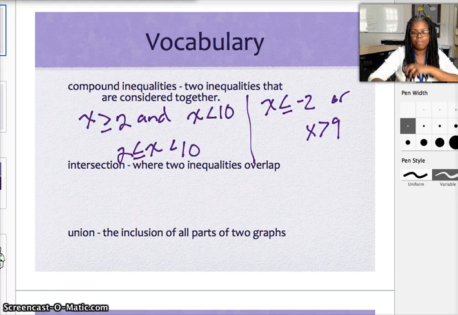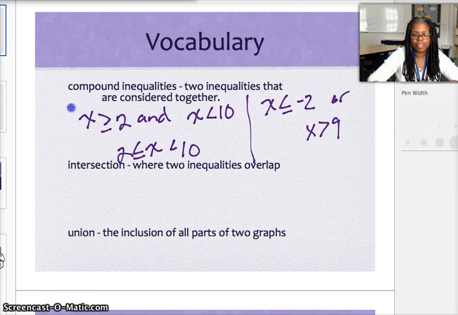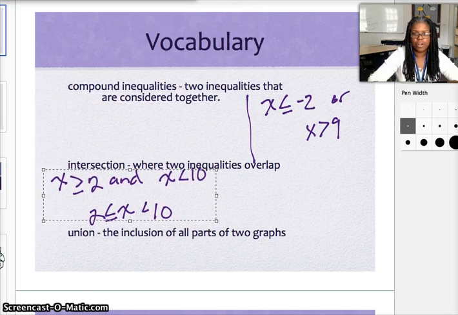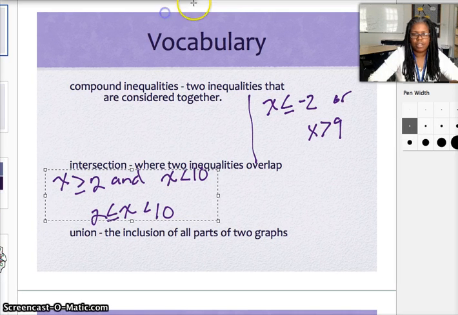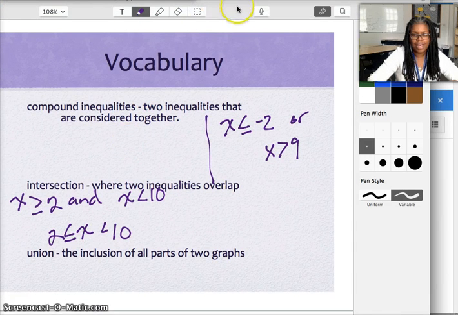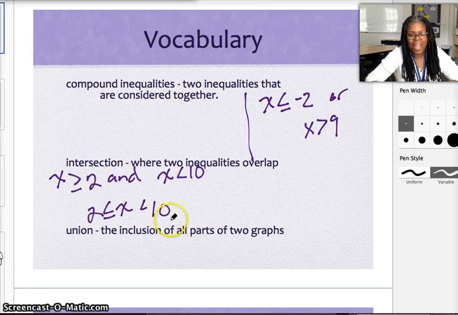So an intersection in math terms is really represented by this case over here. So this is an intersection. Let's go back to that example. If I go back to this example, I've got two things being satisfied.